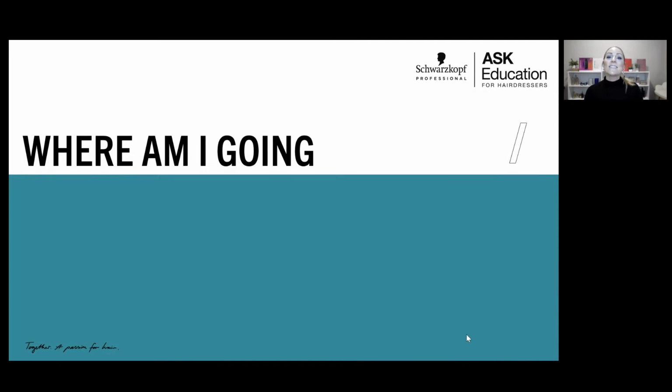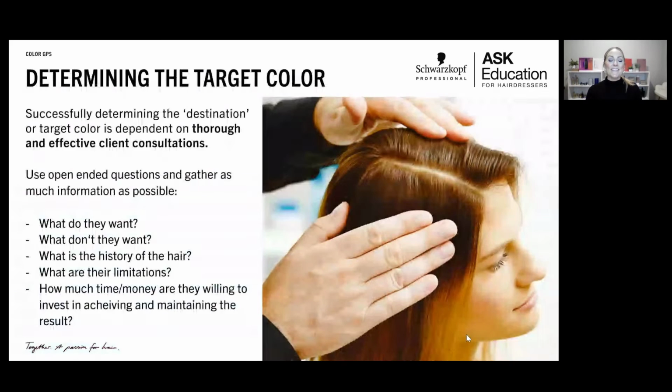All right. So what we've just chatted about is really about a good consultation. It's about being thorough, really looking at the canvas before we begin so we can talk about where we're going and how we're going to get there next. All right, so where are we going? This is our consultation where we really plan the target color.